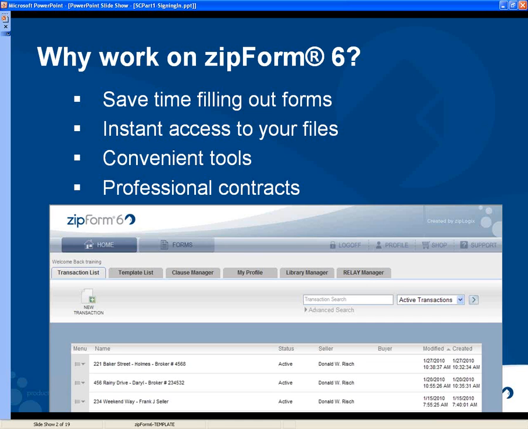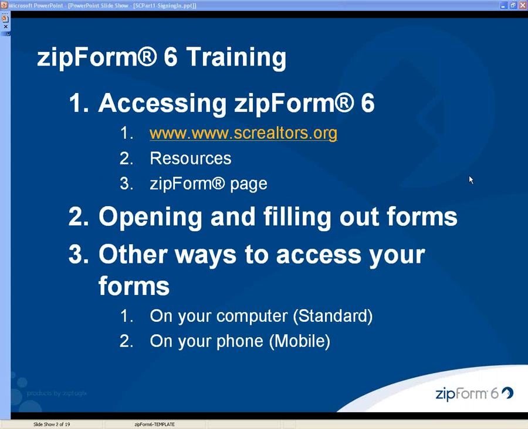We're going to start off somewhere where I hope you start off on a regular basis. We're going to start off by talking about accessing ZipForm 6. We're going to talk about SCRealtors.org. We're going to take a look at your association website, and we're going to get started with our resources, and we'll talk about signing up for ZipForm 6 using the ZipForm page.